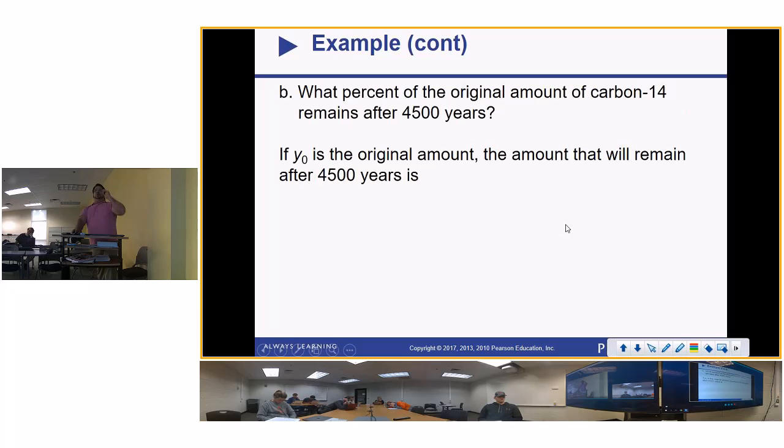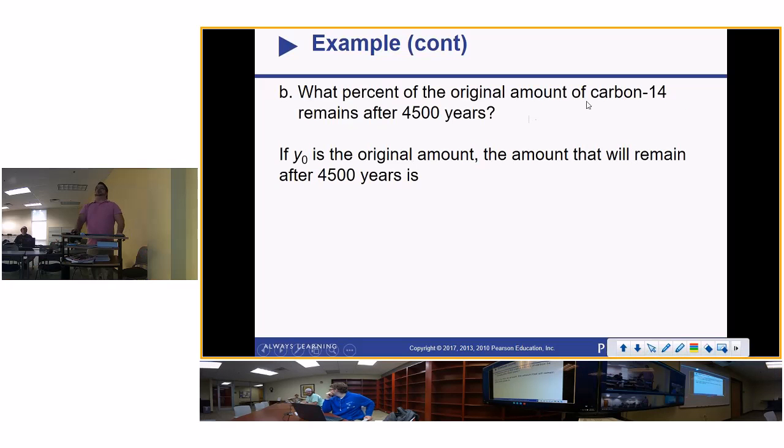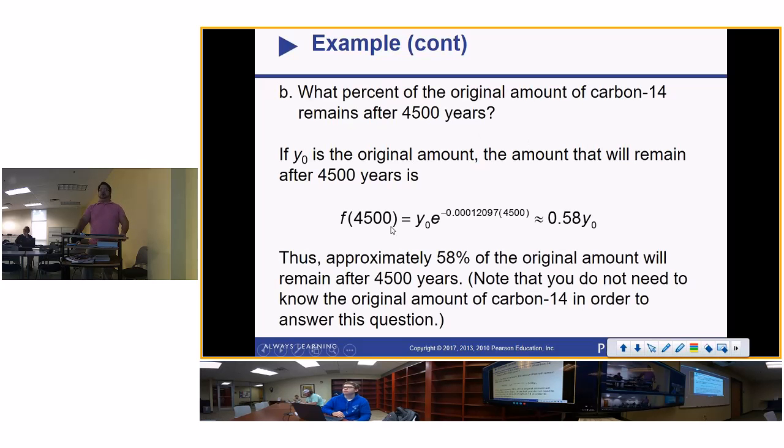This is good. This is a good part. What percent of the original amount of carbon remains after 4,500 years? Well, 4,500 is going to go right there, and you're going to solve for y sub 0. So 58% of the original amount will remain after 4,500 years. Okay? And that's what they did. All they did was plug in 4,500 and solve. Now this is a constant. Now I just want to make sure y'all understand this, and you need to highlight this.